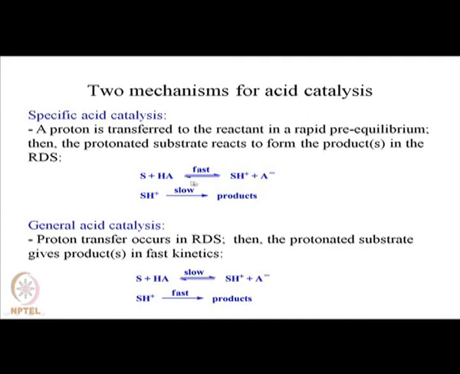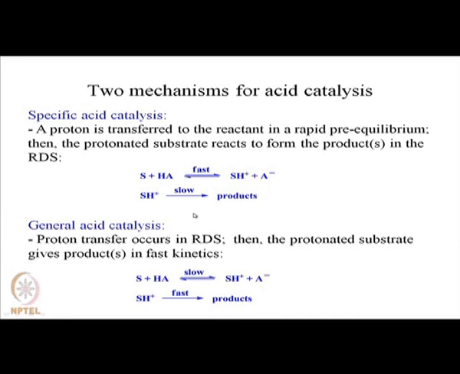This is your substrate, S, and HA. The proton is transferred from HA to S, producing SH plus. This is a fast equilibrium. Once SH plus is formed, it slowly gives rise to products. So this is fast equilibrium, then slow product formation, and this is the rate determining step.